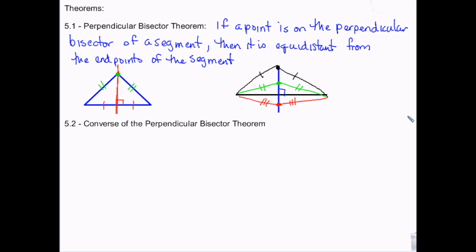Then we have the converse of the perpendicular bisector theorem, which says if a point is equidistant from the two endpoints.